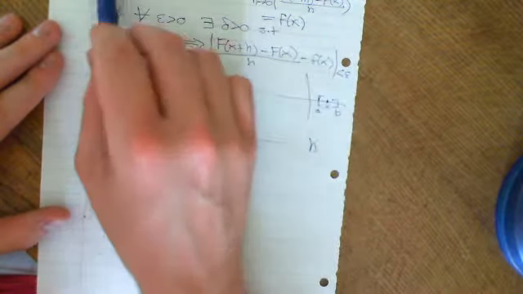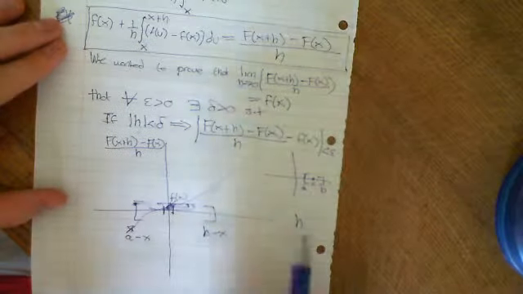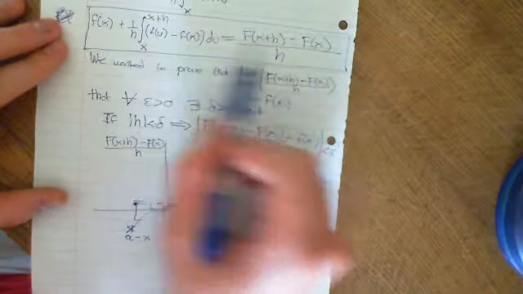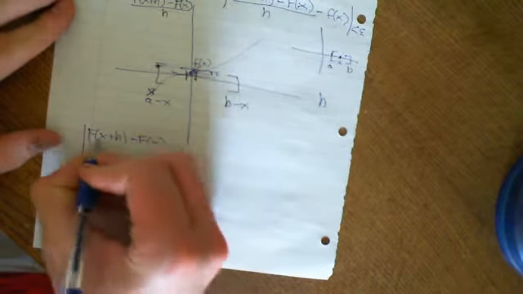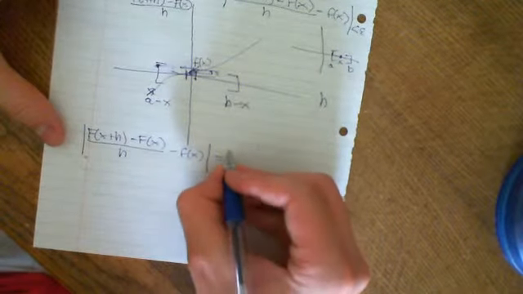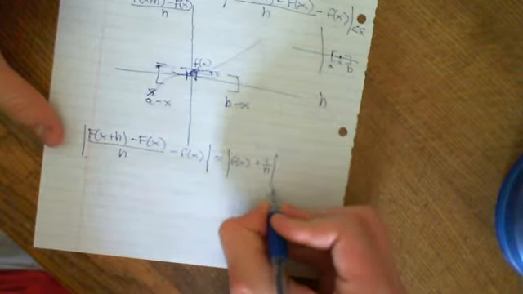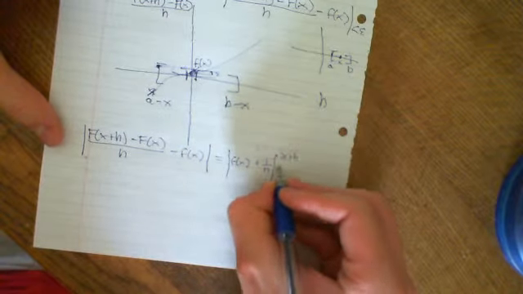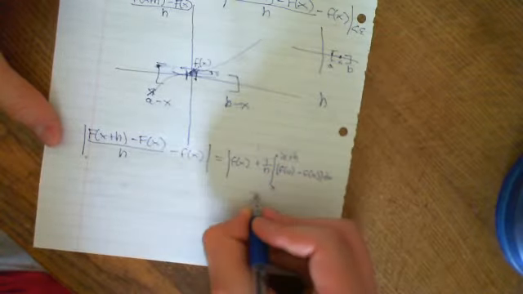So we're going to go to our convenient definition up here, where the f of x's will cancel. So if I replace this with what we showed up here, I want to replace in this term this thing with this. So the modulus of big F of x plus h minus big F of x over h minus little f of x is equal to, well, replace this thing with little f of x plus 1 over h, integral from x to x plus h of f of u minus f of x dx, minus little f of x.